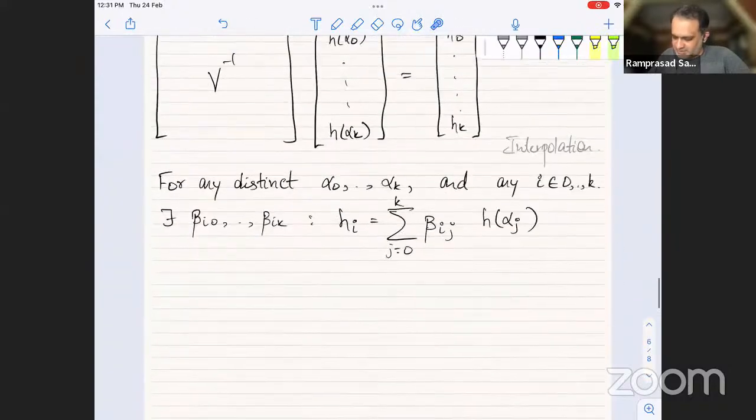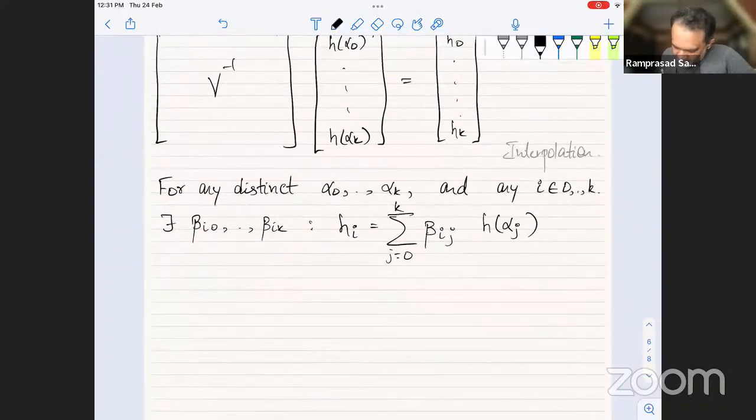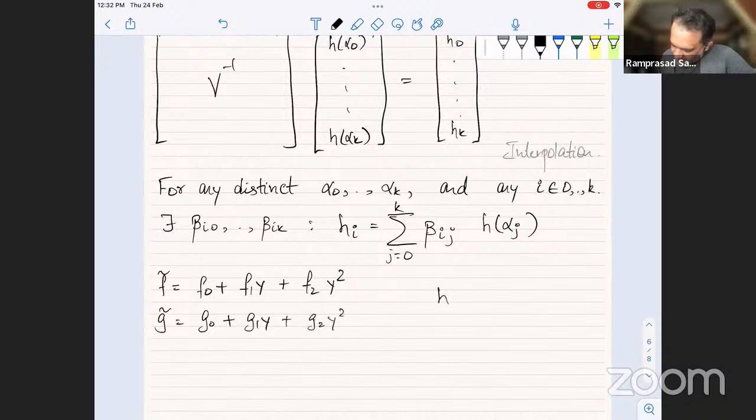So let me just define what that is. Sorry, let me call f tilde as f naught plus f1 y plus f2 y squared, and g tilde is g naught plus g1 y plus g2 y squared, and the h tilde I am interested in is basically f tilde times g tilde.